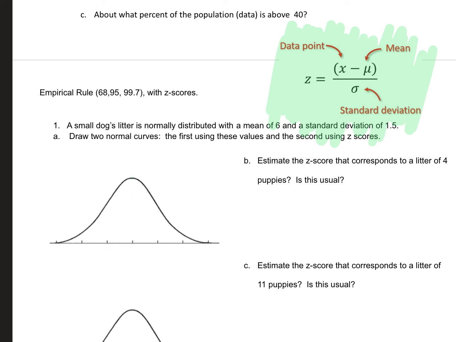First off, again, we need the data point, we need the mean, and we need the standard deviation. So let's do a little reading here. It says a small dog litter is normally distributed with a mean of 6 and a standard deviation of 1.5. So let's fill out our bell curve, right off the bat here. 6 plus 1.5 takes us to 7.5, plus 1.5 takes us to 9, plus 1.5 takes us to 10.5.